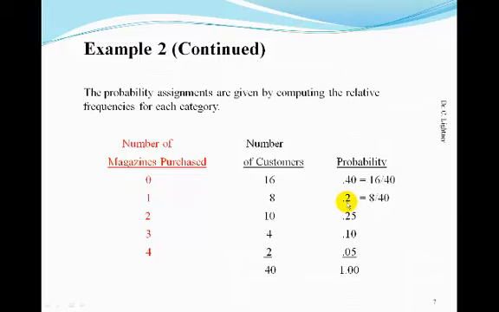There's a 0.2 probability that a customer will purchase 1 magazine, a 0.25 probability that a customer will purchase 2 magazines, a 0.1 probability that a customer will purchase 3 magazines, and a 0.05 probability that a customer will purchase 4 magazines.